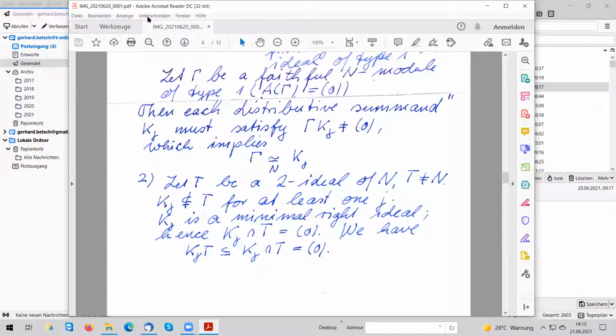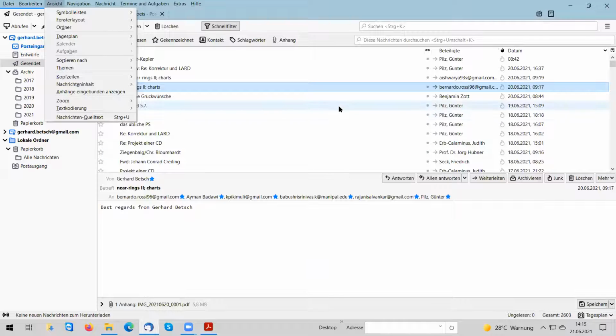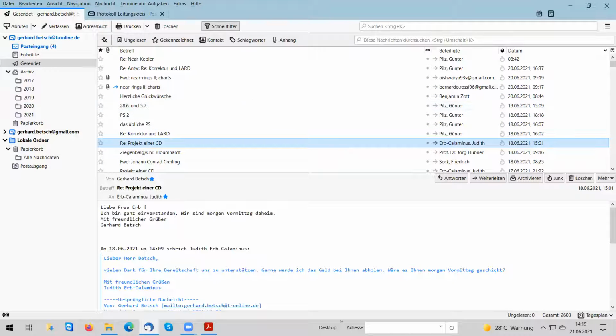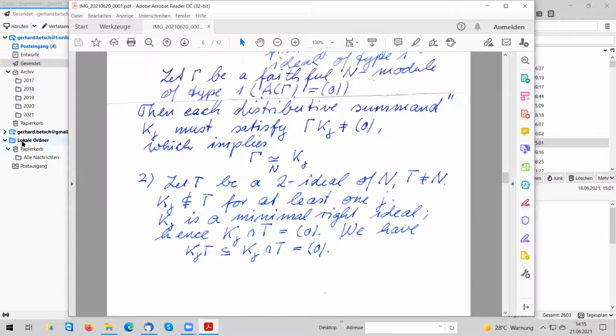And now let T be a 2-ideal of N, T not equal to N. Then Kj must not be contained in T for at least one j. And Kj is a minimal right ideal.